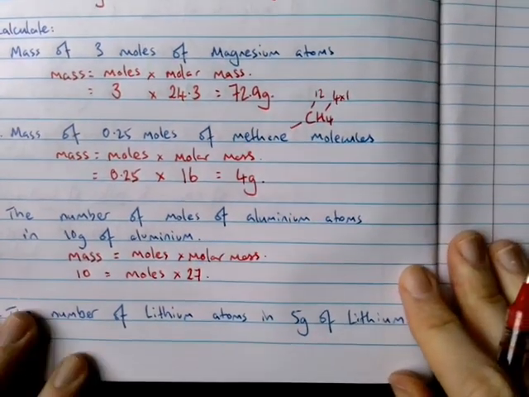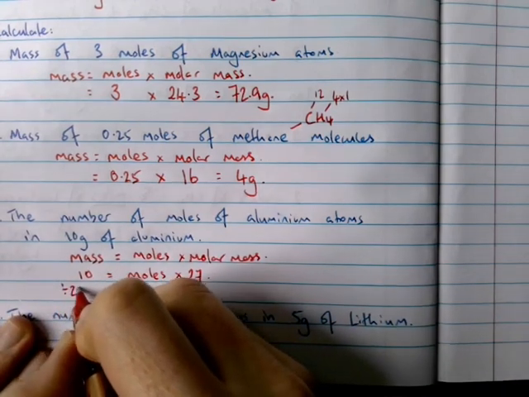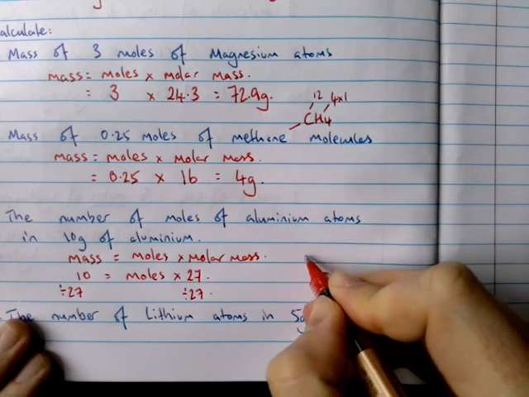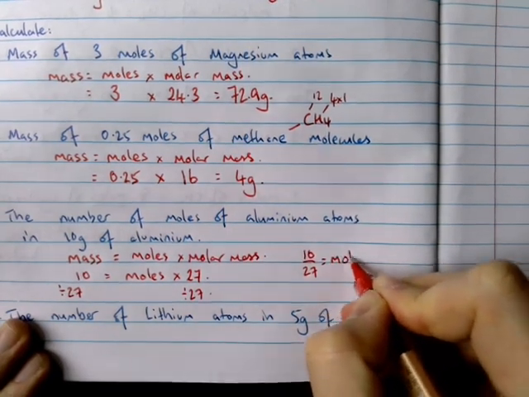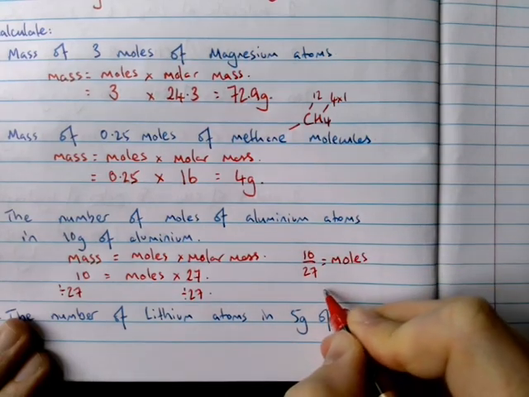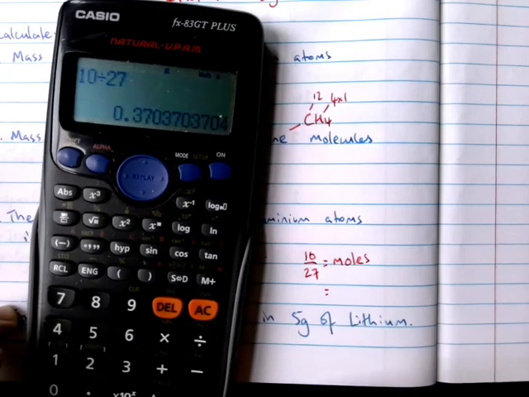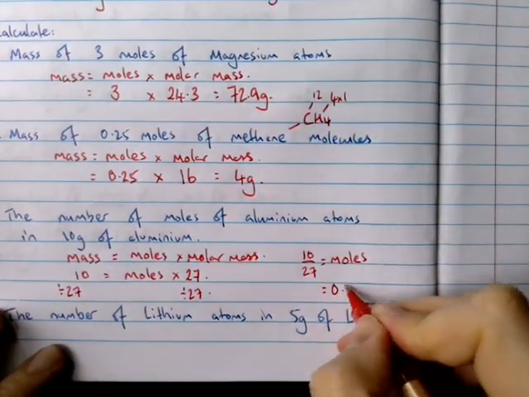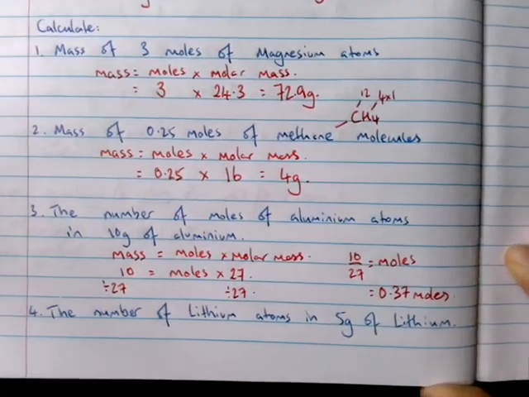So if I rearrange that, I'm going to divide both sides by 27, and I will get 10 divided by 27 equals my number of moles, which is 0.37 moles.